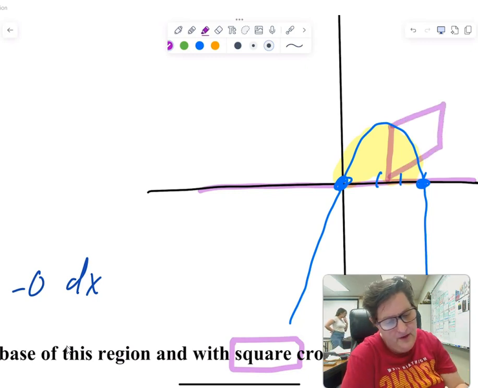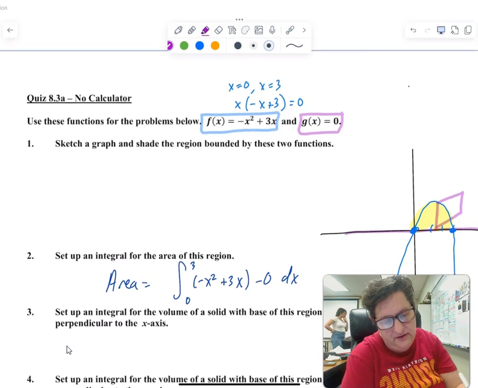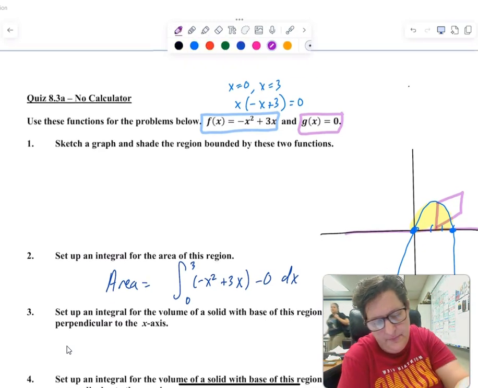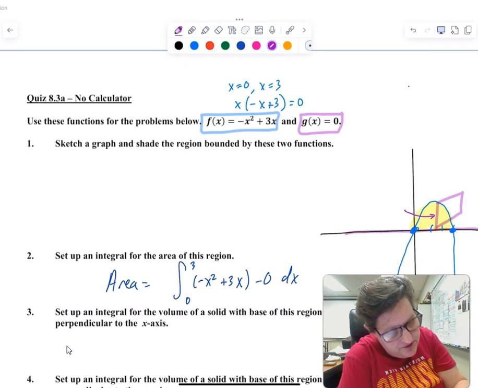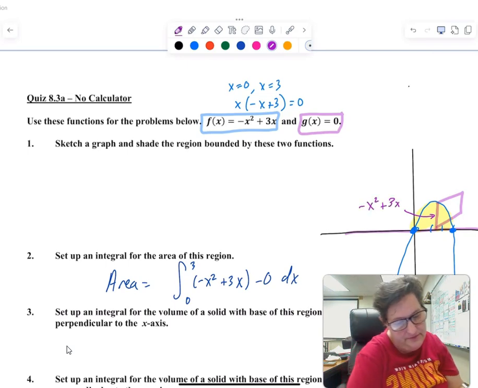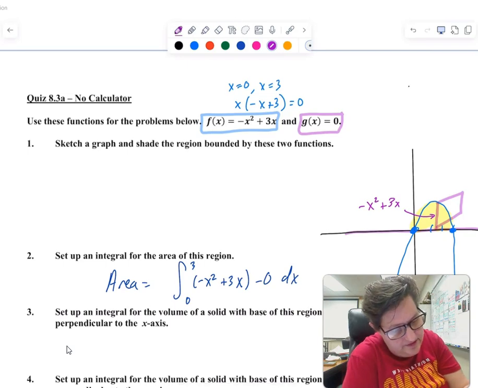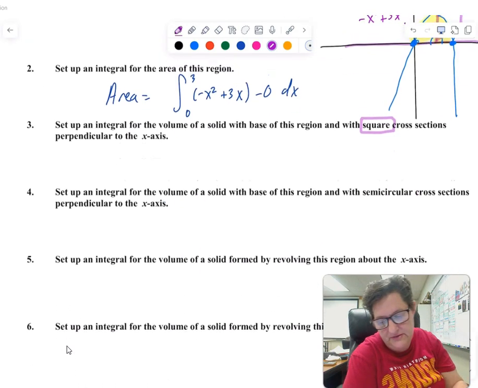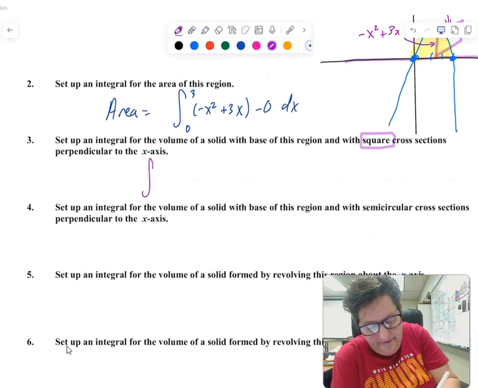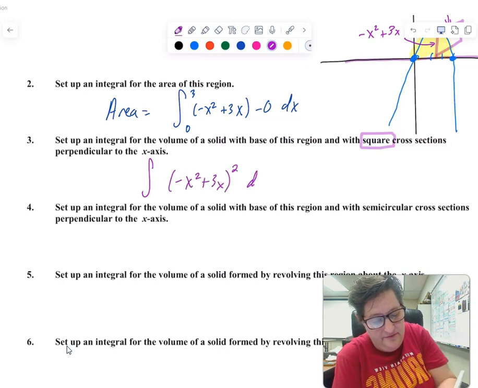The distance is just the y value going up, which is this base right here, negative x squared plus 3x. Which means since it's a square, this side is also negative x squared plus 3x, which means the integral is negative x squared plus 3x times itself from 0 to 3.